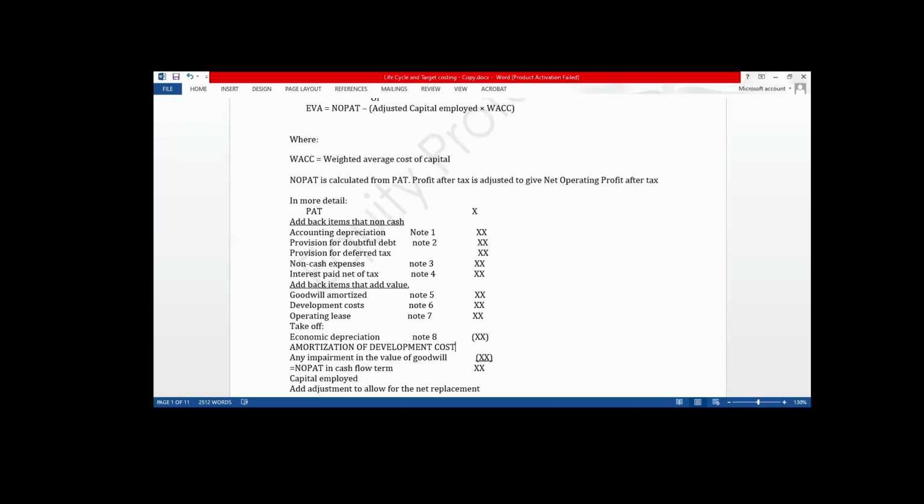That means when we market the product, we are going to generate revenue. That cost should not be expensed at once. That cost should be spread over the number of years you are going to derive benefits from the new product.